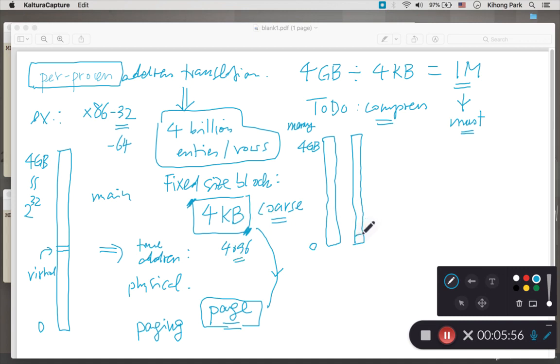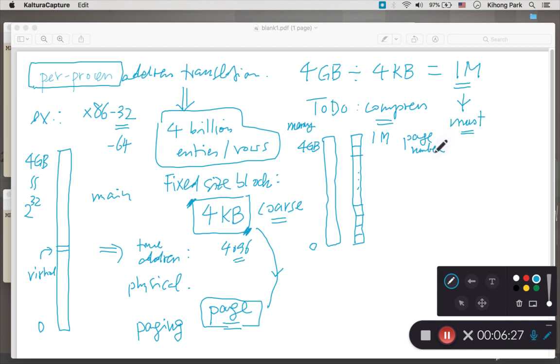So here is the first page, second page, third page, fourth page, etc. And then the last page is roughly the 1 millionth page because of the saving that we mentioned. So this memory is going to be viewed in terms of pages, and we index these pages by their page number.